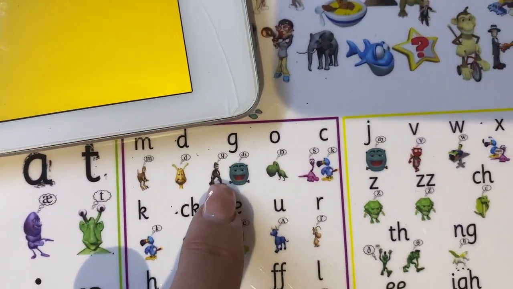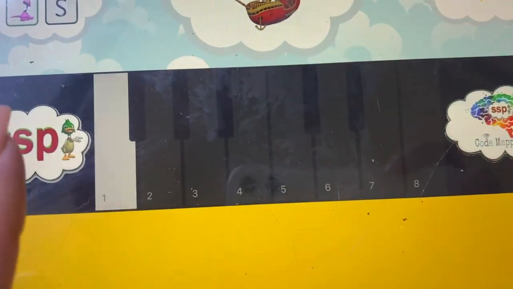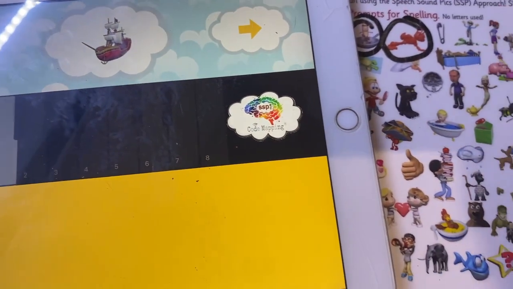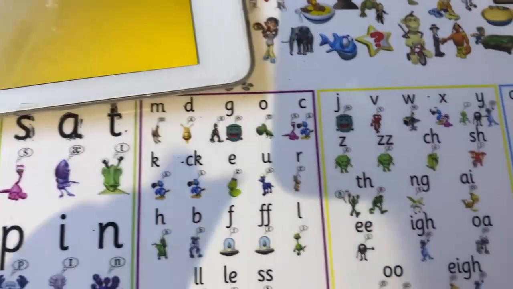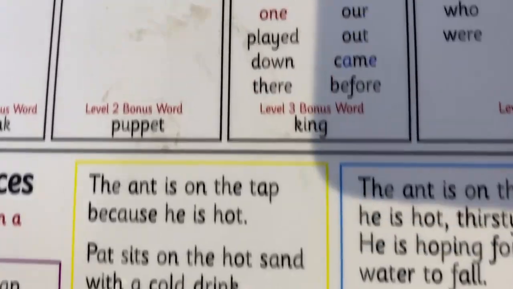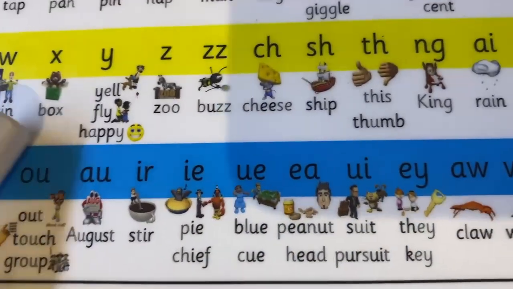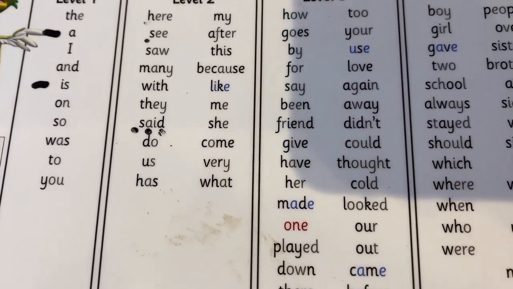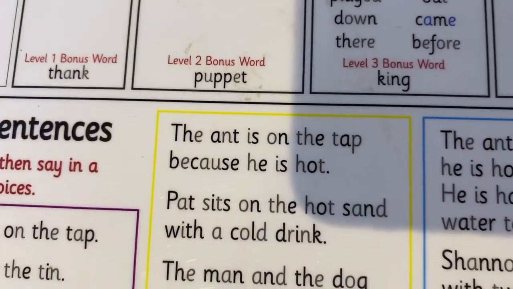So we're going to be looking at the letters and thinking of the sounds. We're going to think about the sounds and have a look at the letters, and we're going to build it up and build it up until very, very quickly the children can all read not just words and sentences that are made up of these, but all these high frequency words as well, and the sentences.